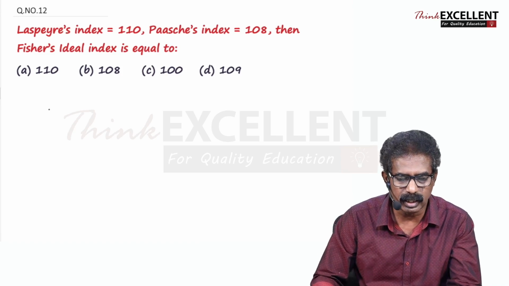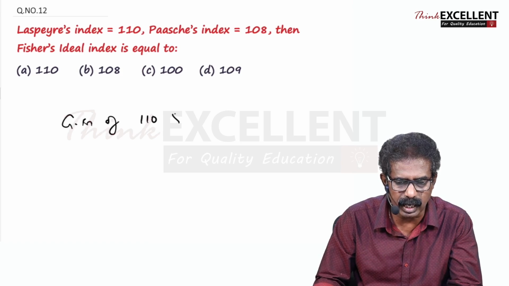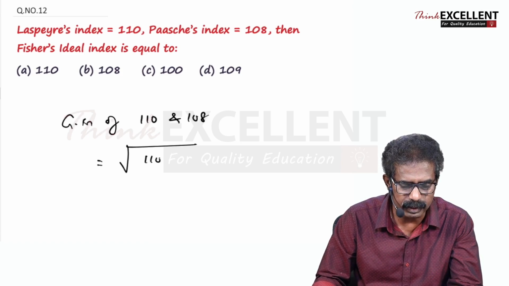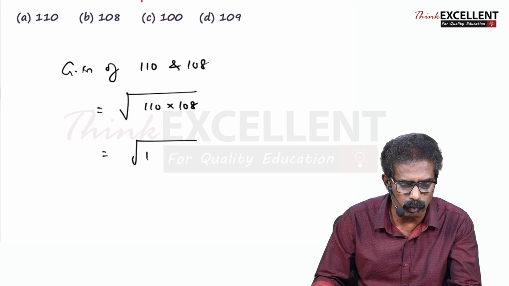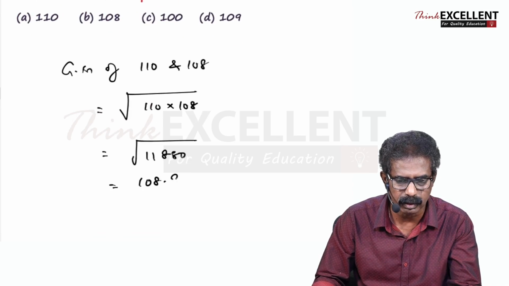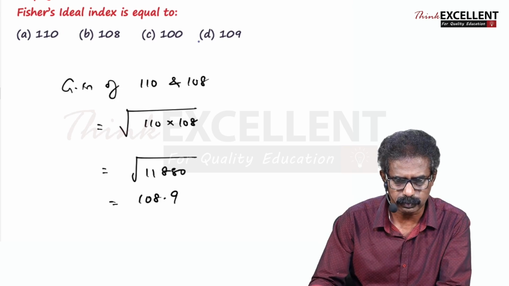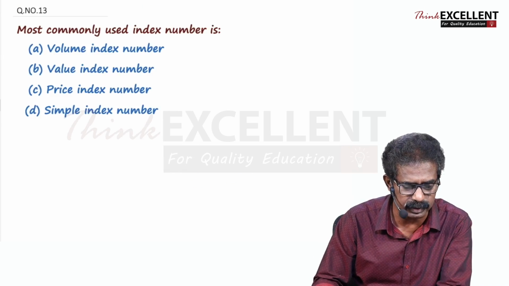So here Fisher's ideal index number is the root of 110 into 108. You can use a calculator. 11880, when you take the square root, 108.9. The option is not given exactly, but the nearest value is 109, so it is approximately equal to 109.